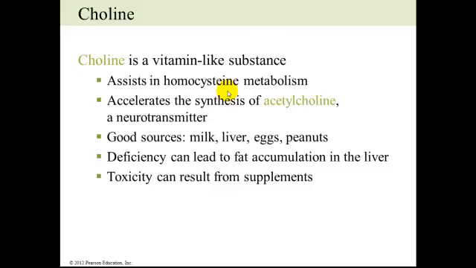Deficiencies often can lead to an accumulation or buildup of fat in the liver. Now, for the most part, from dietary sources alone, it's very difficult to have toxicity. However, choline, if taken in supplement form, can lead to toxicity, including a fishy body odor, vomiting and salivation, sweating, and very low blood pressure. Right? So that would be choline.